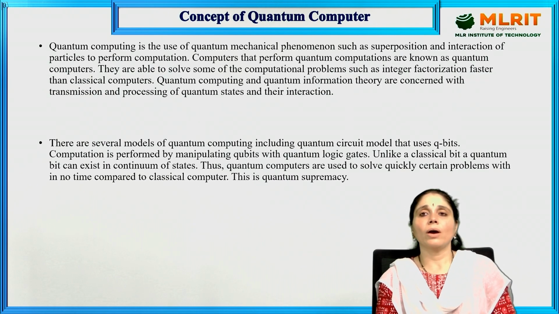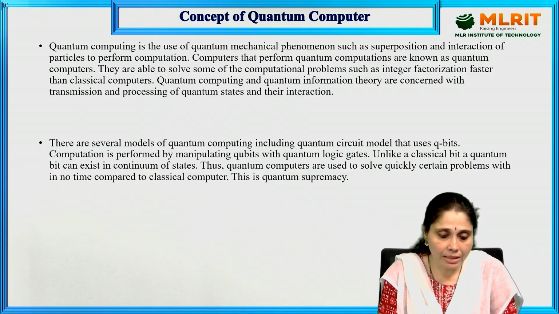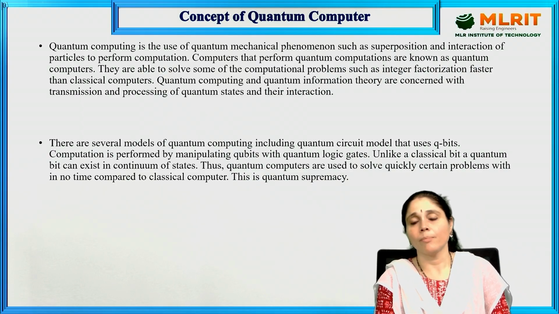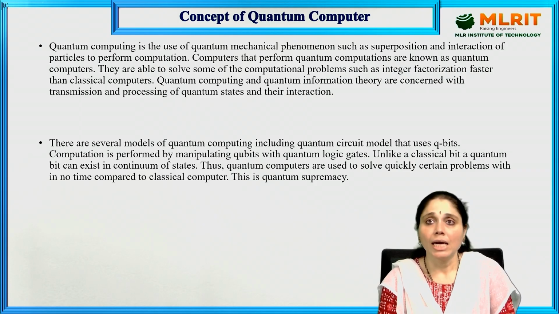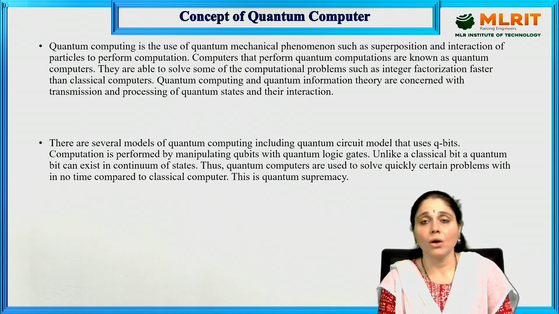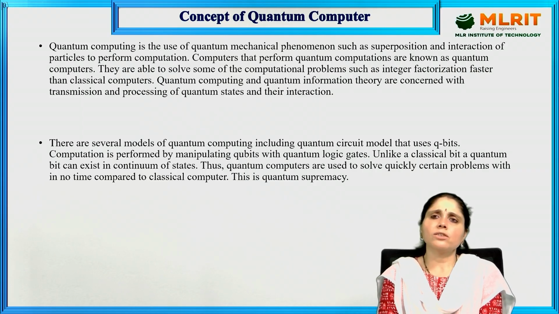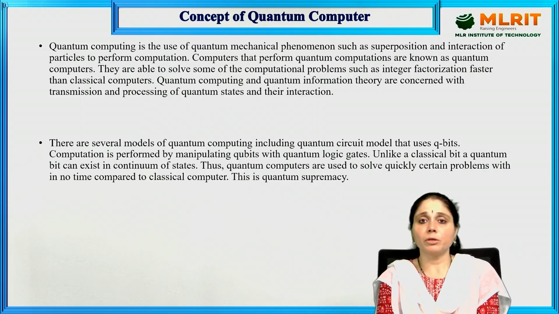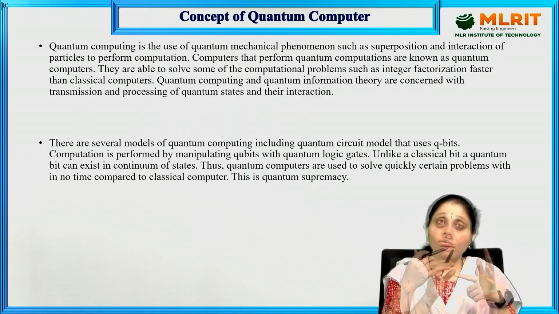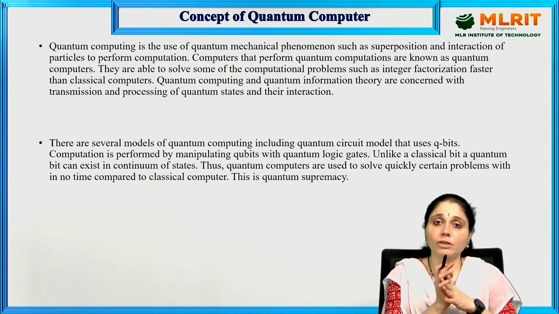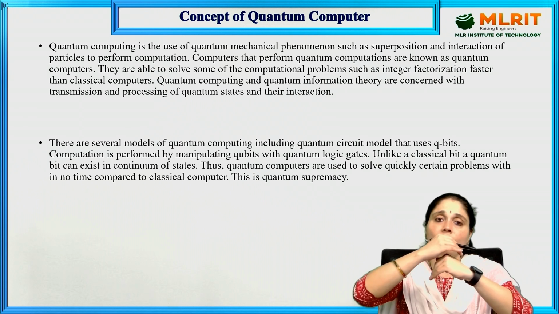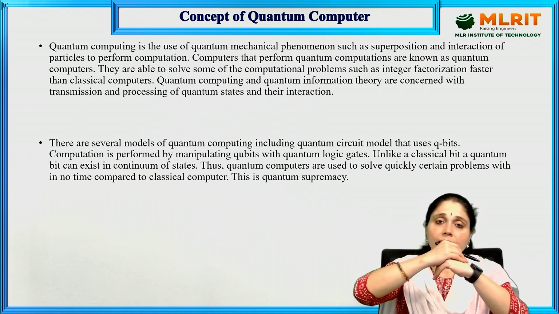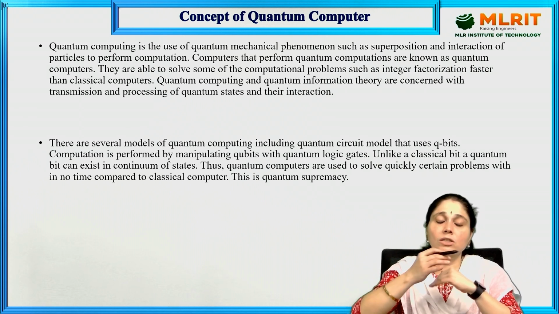Now coming to the concept of quantum computer. Yes, we are slowly moving towards the quantum computer. What is a quantum computer? Quantum computing is the use of quantum mechanical phenomena such as superposition and interaction of particles to perform computation. Superposition, as we learned in our previous video, means when a wave's crest superimposes on a crest and a trough on a trough, that is called superposition.